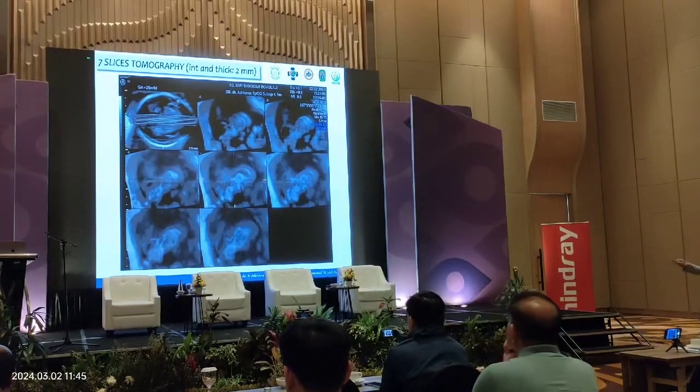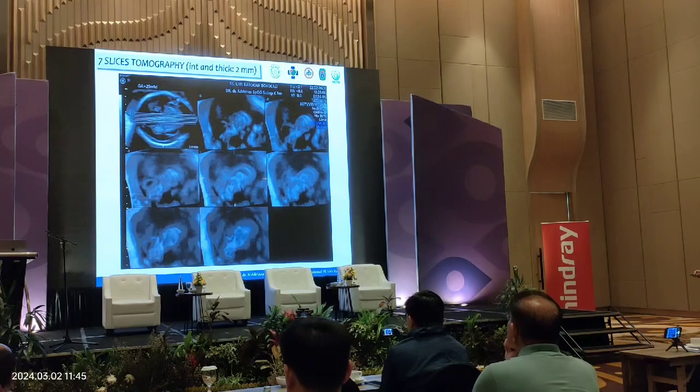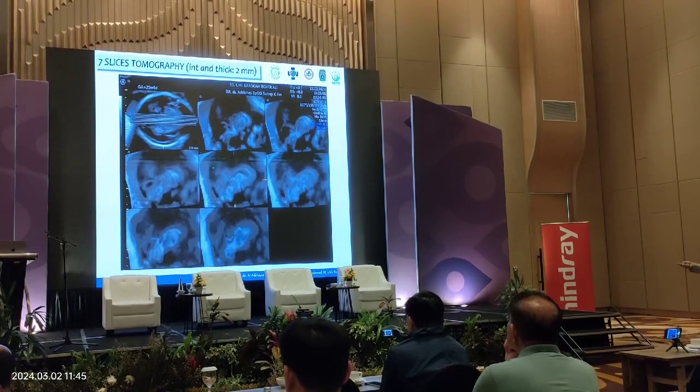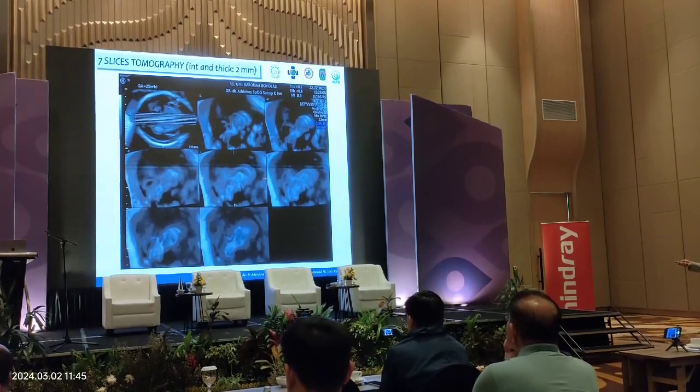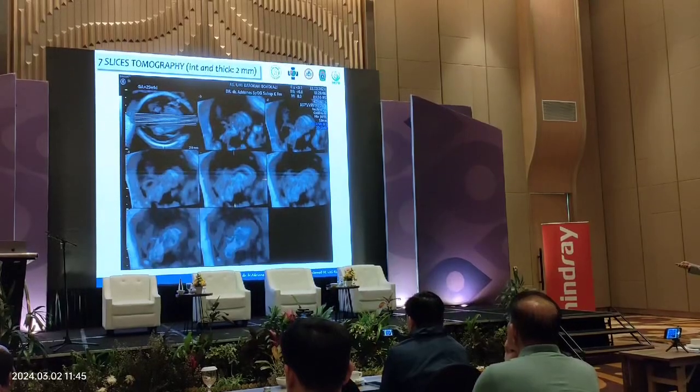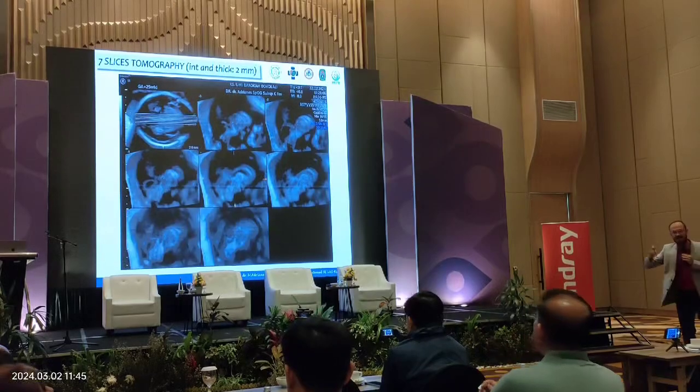So if we make a 7-slice tomography, actually we don't need to use this, but only to show that the clearest picture is on the center, so that you can see the slicing.